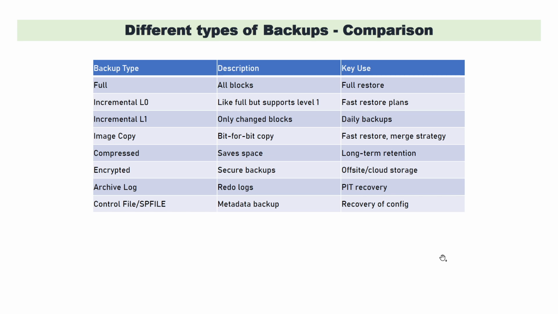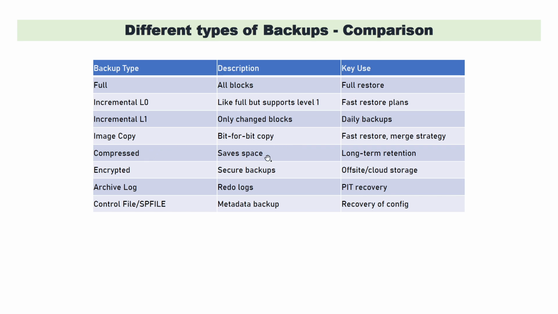Now let's review the backups that we have covered. These are the types of backups that we covered. Full backups: all blocks, full restore. Incremental level 0: it's like full but supports level 1, fast restore plans. Incremental level 1: only changed blocks, daily backups. Image copy backup: bit for bit copy, fast restore, merge strategy, and we will see what this merge strategy is in future.